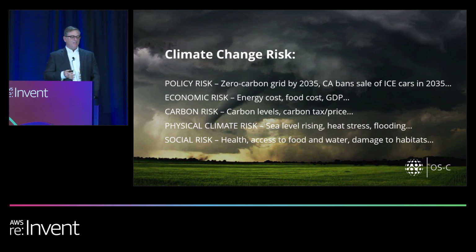So let me explain what I mean by things like policy risk. President Biden set a policy to have a zero carbon grid by 2035 in the United States. Sounds great, absolutely fantastic. But today, 56% of all the power generated in the US comes from carbon emitting sources: petroleum, gas, coal. And according to the Institute for Energy Research, upgrading our grid in the United States will cost $5.7 trillion by 2040.